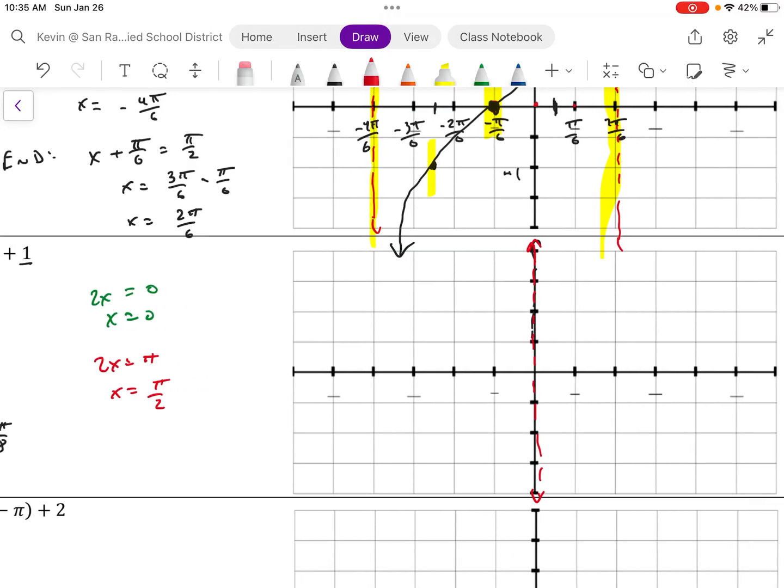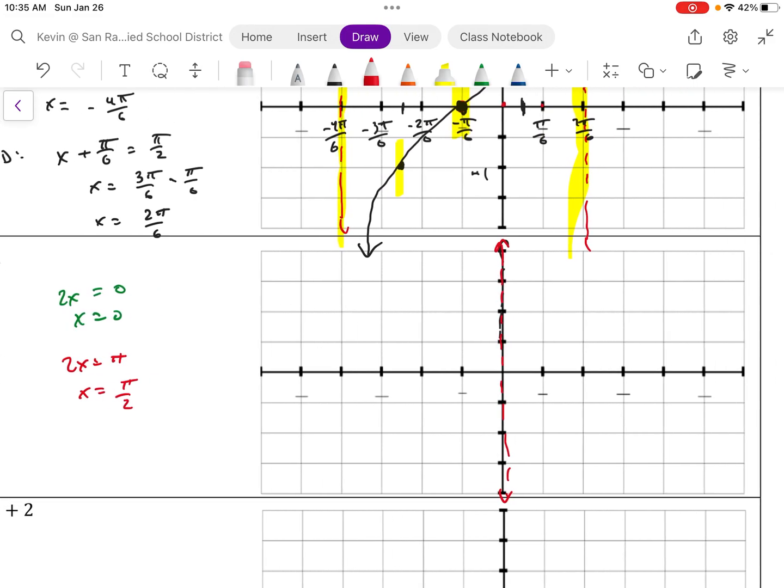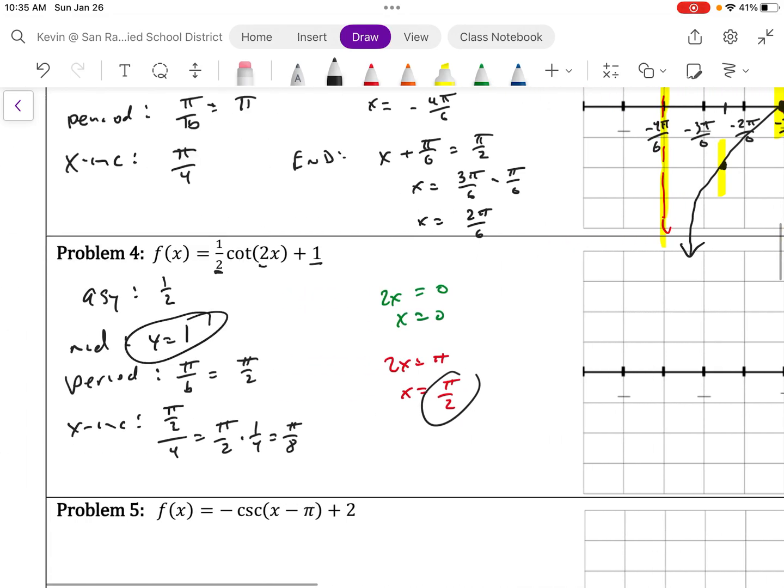Here's one asymptote at x equals 0, and the other asymptote, I'll stretch this out, our increments are pi over 8. So pi over 8, 2 pi over 8, 3 pi over 8, 4 pi over 8, which is pi over 2, so it's our other asymptote. That's why. And that's our ending point.